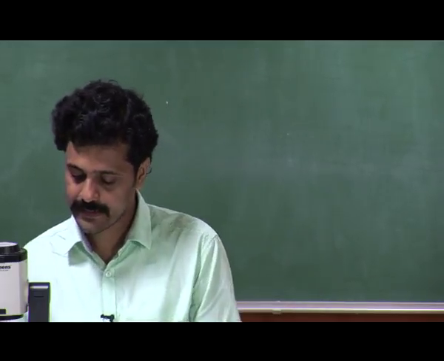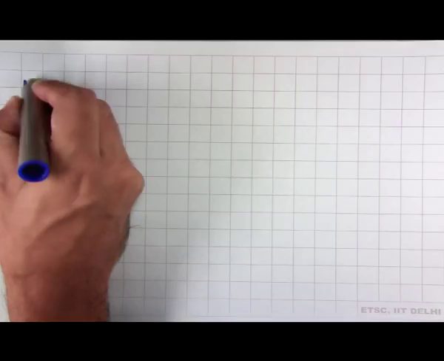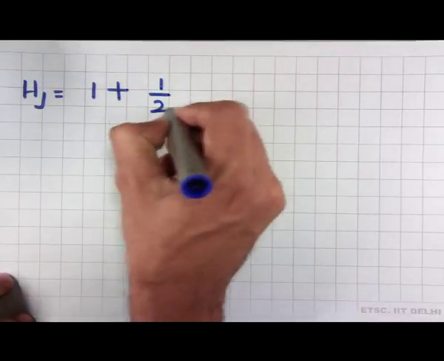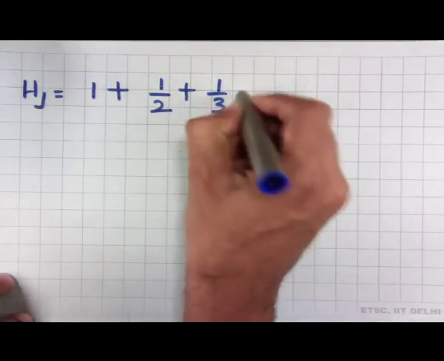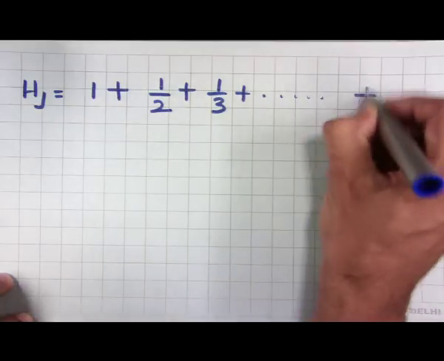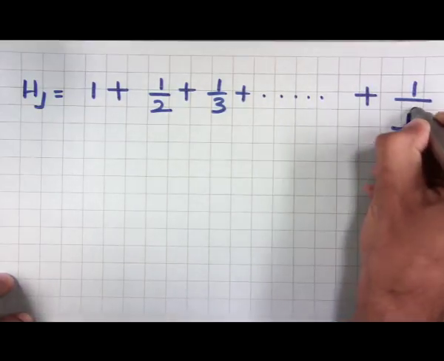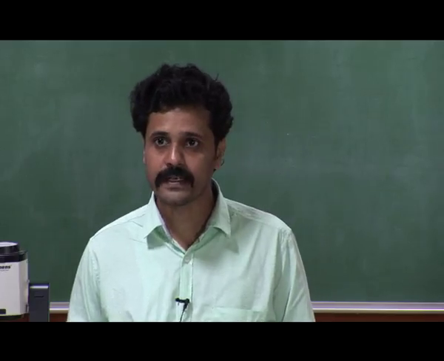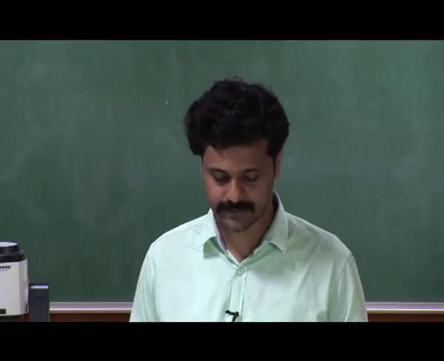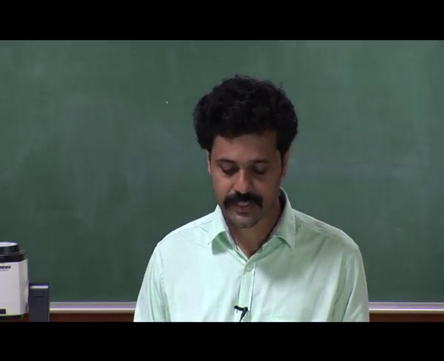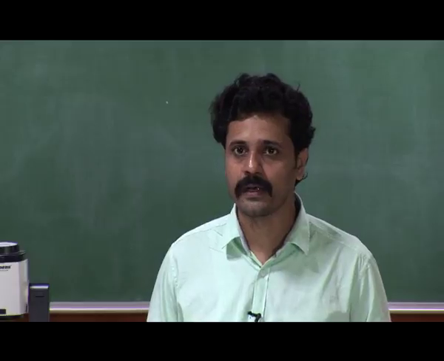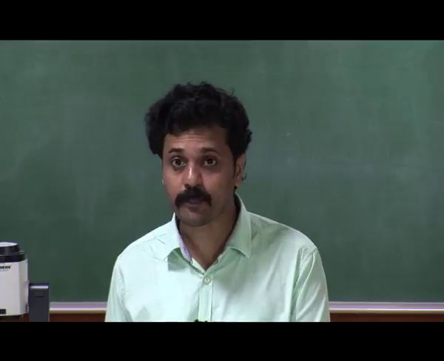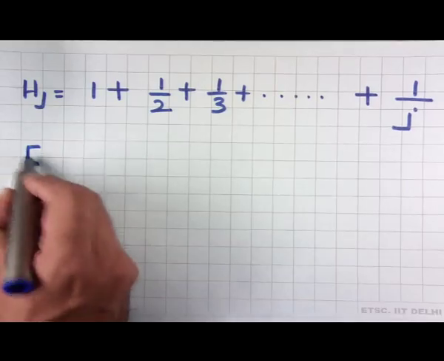H j is equal to 1 plus 1 by 2 plus 1 by 3 plus etc. 1 by j. That is, it is the sum of reciprocals of the first j natural numbers. This is the definition of the jth harmonic number. Having this definition in hand, let us proceed with the next example.